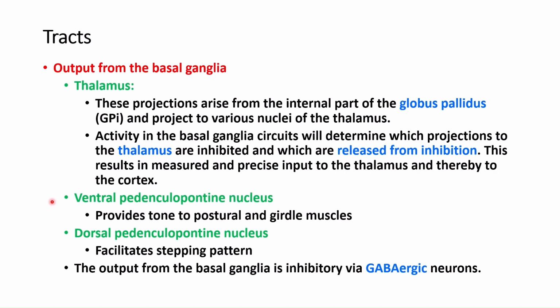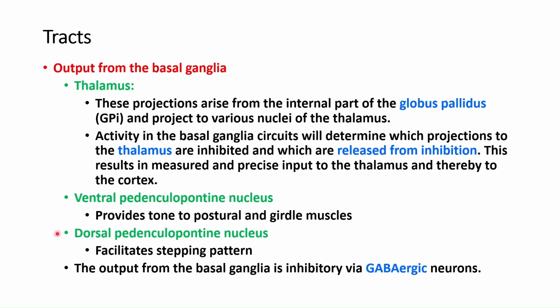There are other pathways too, like the rubrospinal pathway from the red nucleus, which is for the tone of the upper parts of the body. Also vestibulospinal tracts and reticulospinal tracts are there too. So they are all working together, and this is not the only area that is important for tone.